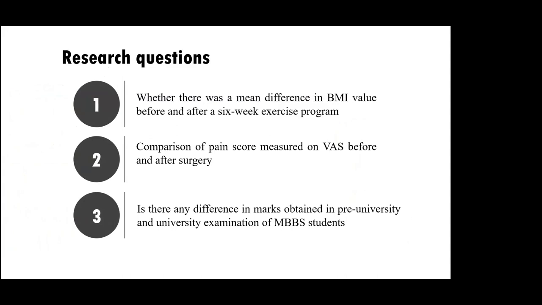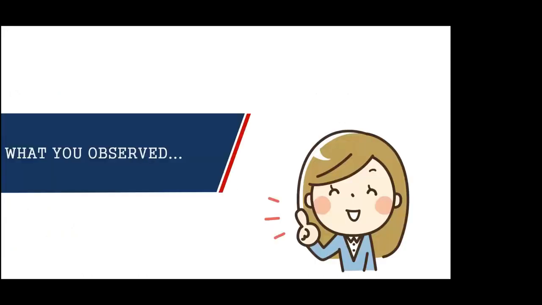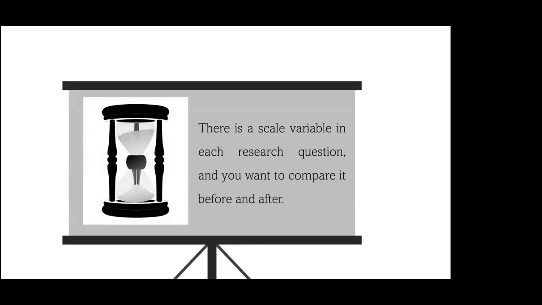So we have taken the same example which we did in the NEXTPG, except that there we were doing it against a categorical variable, meaning we were measuring the binomial proportion. In this case, we are measuring the continuous variable. So in all these cases, what we have observed is that there is a scale variable in each research question, and we want to compare it before and after.